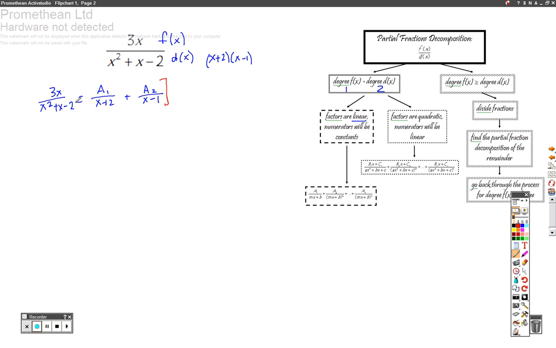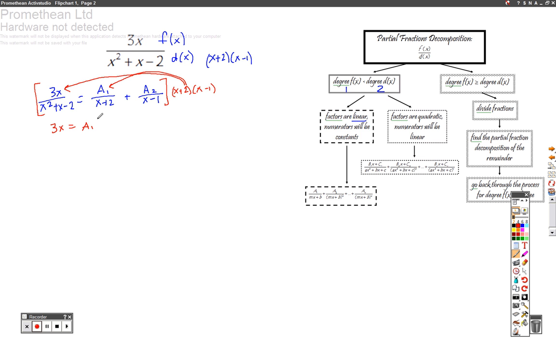So to solve this, I'm going to multiply out by the common denominator, x plus 2, x minus 1. So when I multiply to the first one over here, my denominator is going to cancel, and it's just going to leave me 3x equals. When I multiply to this one, the x plus 2 is going to cancel.